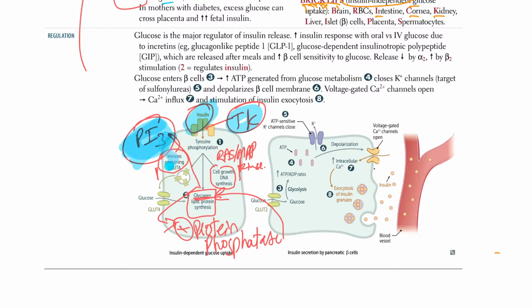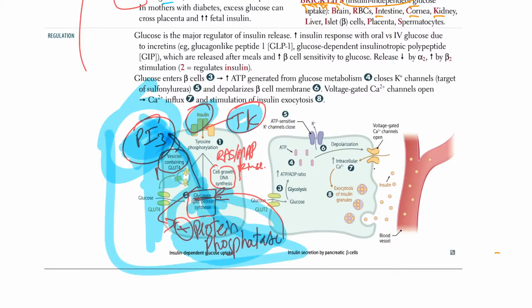PI3 is going to cause a vesicle containing GLUT4 to go on the cell surface. Second thing it is going to do is stimulate the protein phosphatase enzyme, which causes glycogen synthesis, and the rest is just lipid and protein synthesis. But this is important: PI3 causes all of this. Okay, and RAS MAP kinase causes cell growth and DNA synthesis.